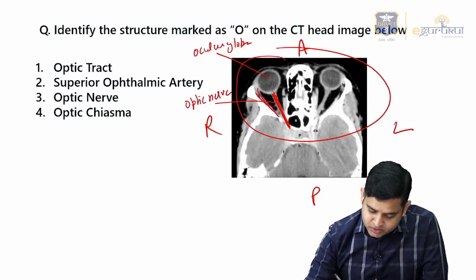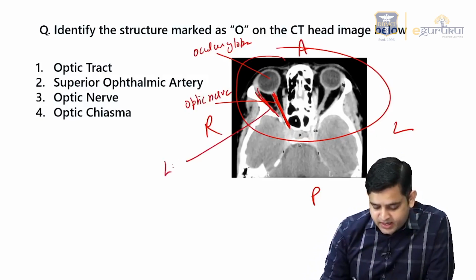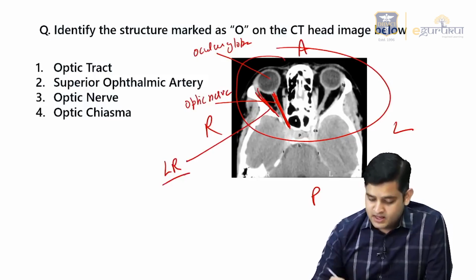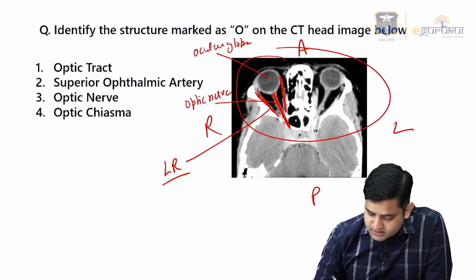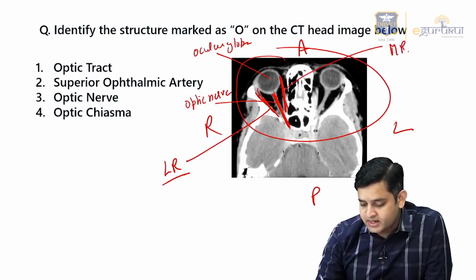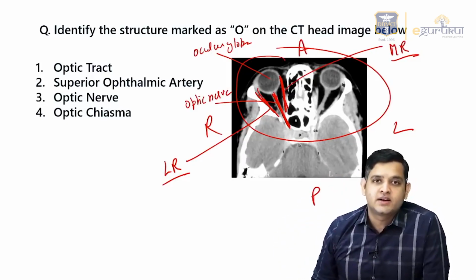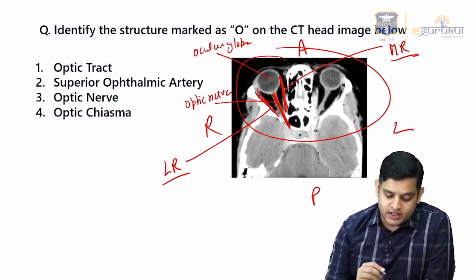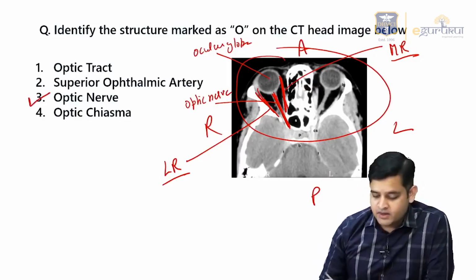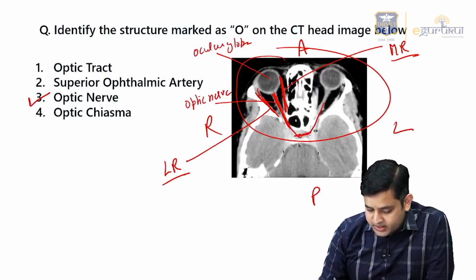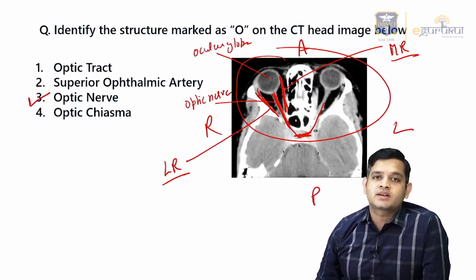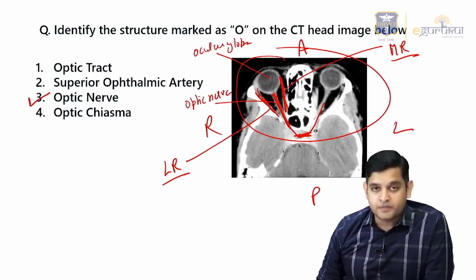The structure that you could see laterally is the lateral rectus muscle, and the muscle that is medial is the medial rectus muscle. In the center what you are seeing is the optic nerve. Where the optic nerves join, they form the optic chiasma. So that is the optic nerve.